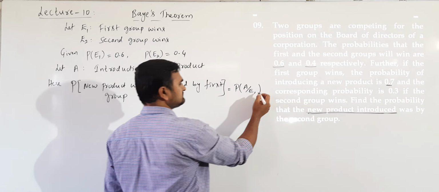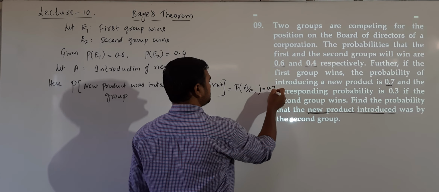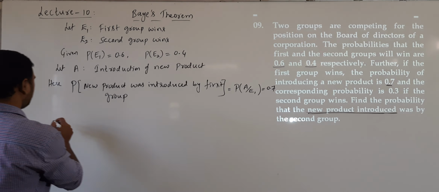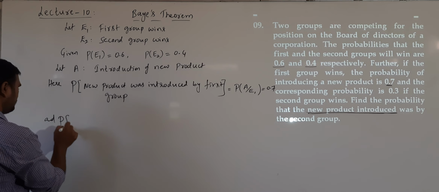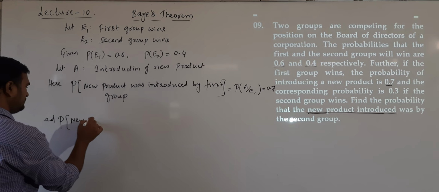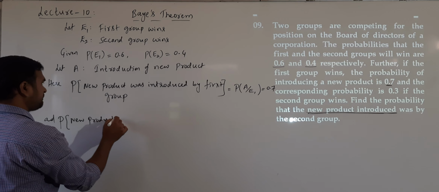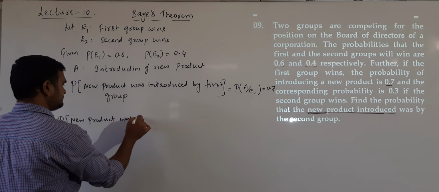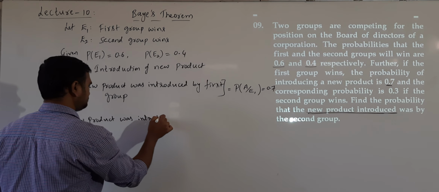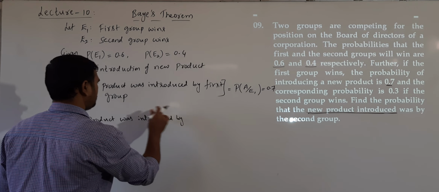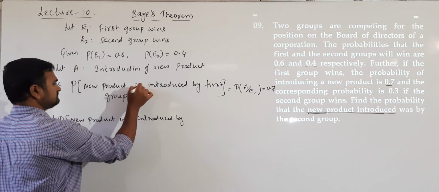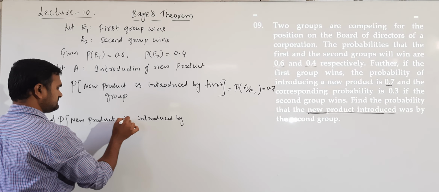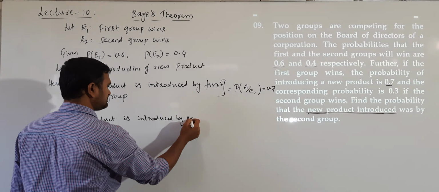So how much is it? 0.7. And the probability that the new product is introduced by the second group.